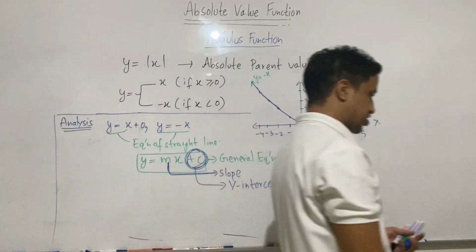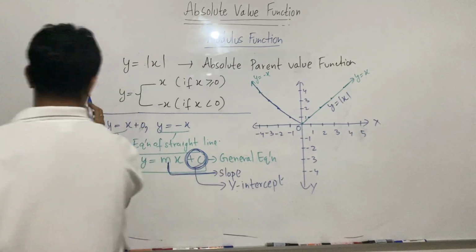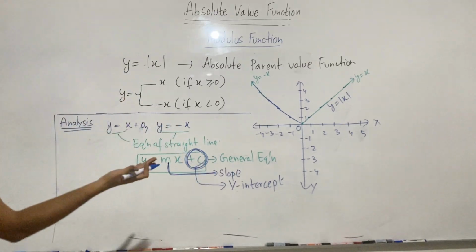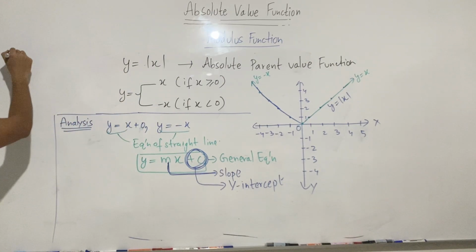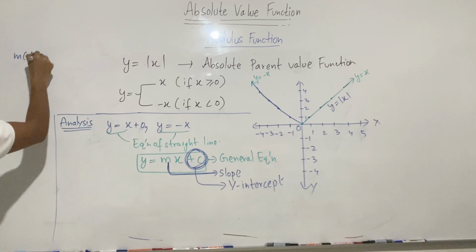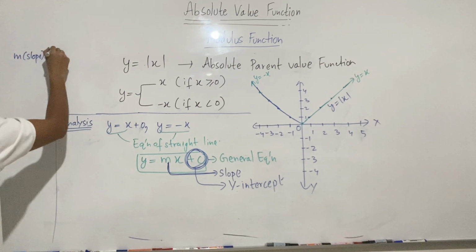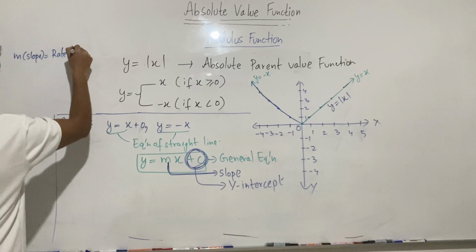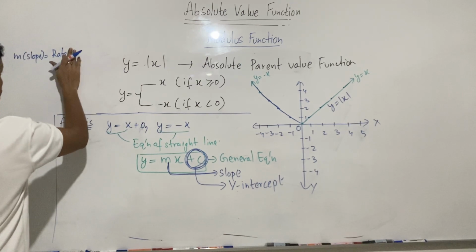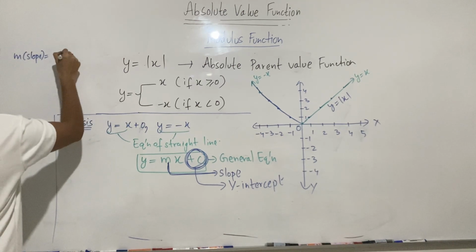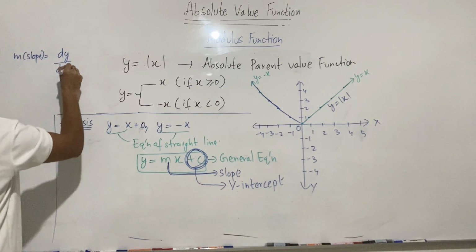Now next is your slope. This slope, what does it mean? Slope m means the rate of change of y with respect to x.